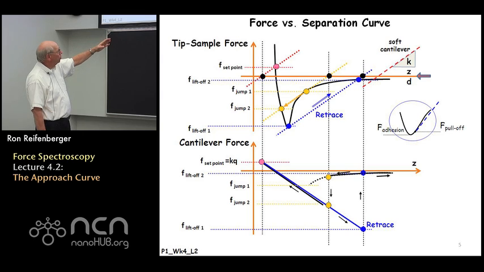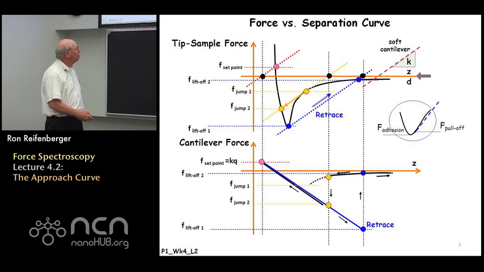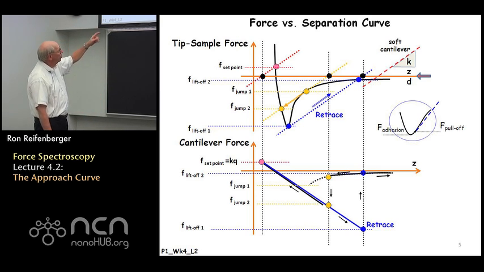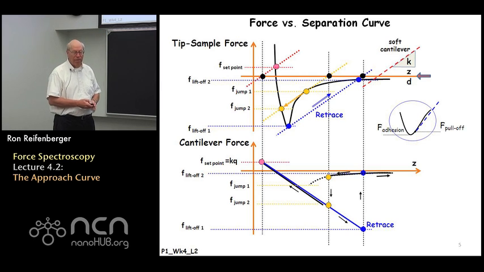So the retrace curve will not jump away, the cantilever and the tip will not jump away from the substrate at the same point that the tip jumped into contact with the substrate in the approach. So it's inherently a hysteretic process, right? And you end up experimentally measuring a curve that's indicated in the bottom panel of this slide.